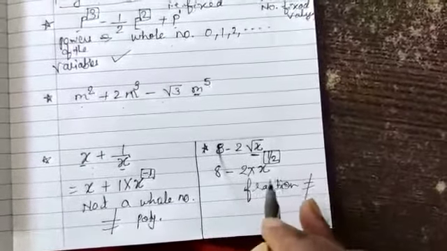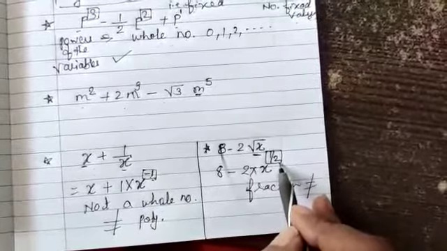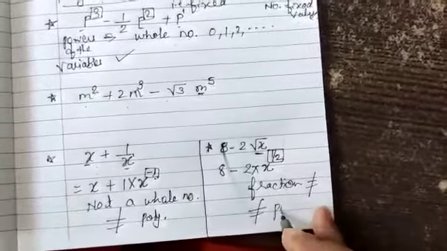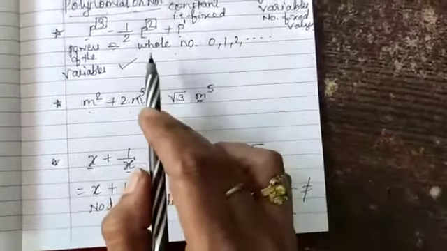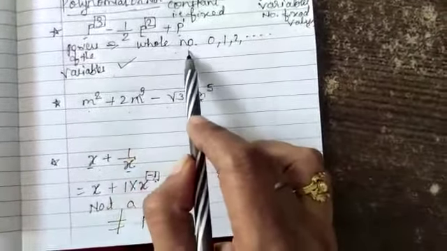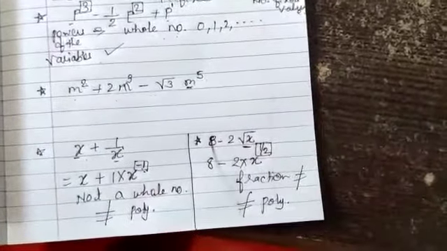So if the power of the variable is any negative or any fraction number, then it is not a polynomial. So remember students, in an algebraic expression, if the powers of the variables are whole numbers, then it is called a polynomial. Got it?